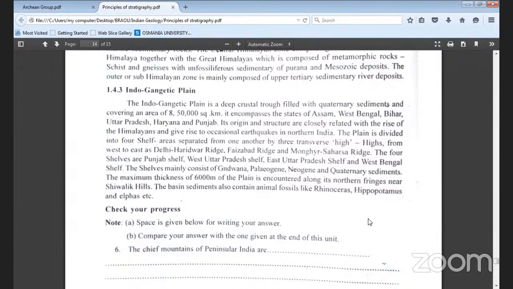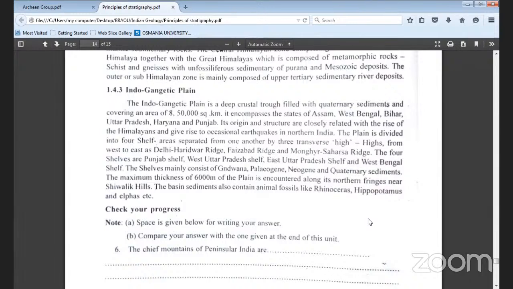The plain is divided into four shelves by three transverse highs from west to east: the Delhi-Haridwar Ridge, Faizabad Ridge, and Monghyr-Saharsa Ridge. The four shelves are the Punjab shelf, West Uttar Pradesh shelf, East Uttar Pradesh shelf, and West Bengal shelf.